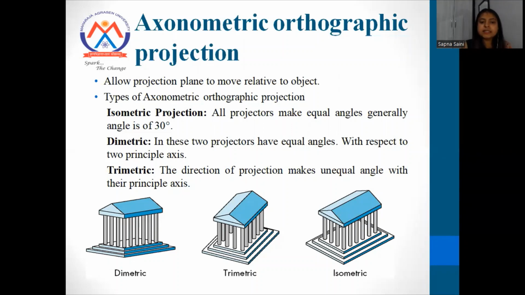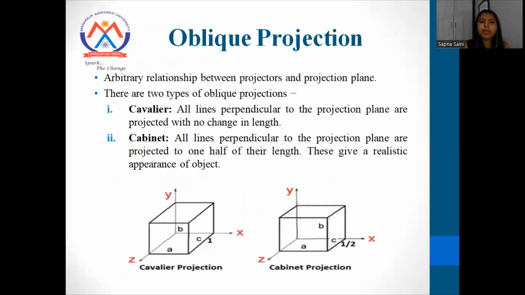And in dimetric, we can say two projectors have equal angles. It could be seen in the first figure. Then we have trimetric. The direction of projection makes unequal angles with the principal axes. As we can see in trimetric, it has unequal angles with the principal axes.